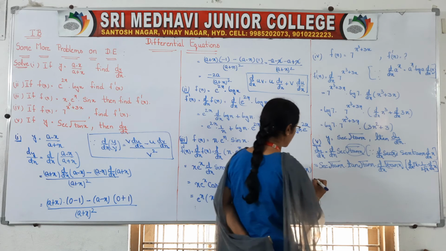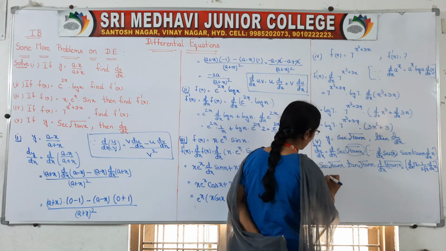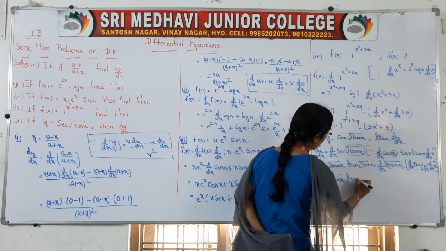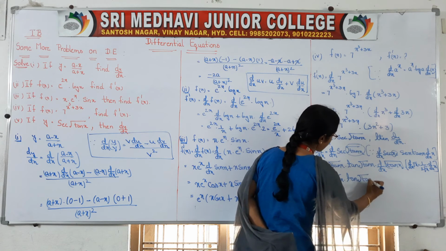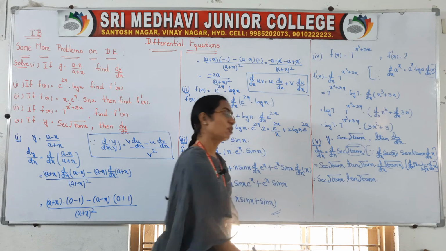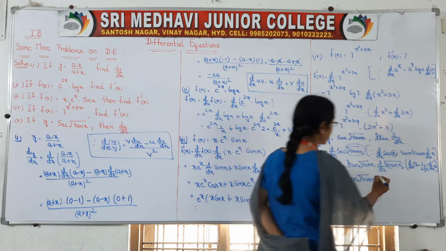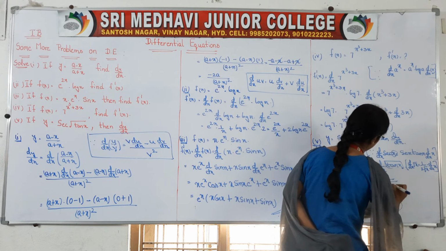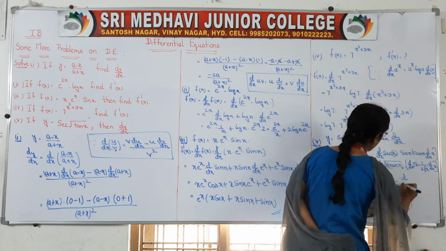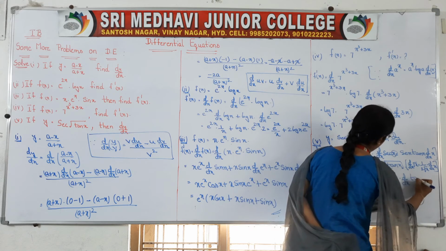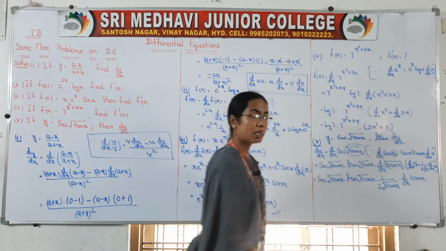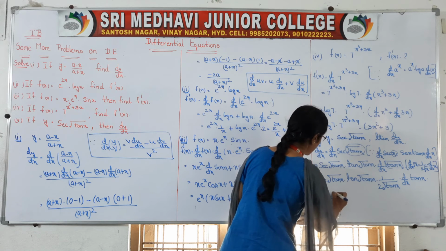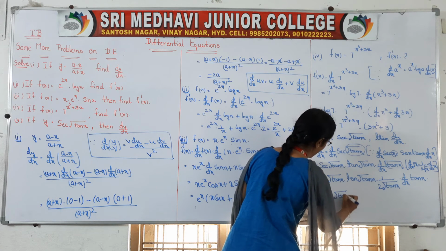So it is equal to secant of root tan x into tan of root tan x into d by dx of root tan x, which is, come on, 1 by 2 into root tan x into d by dx of tan x.